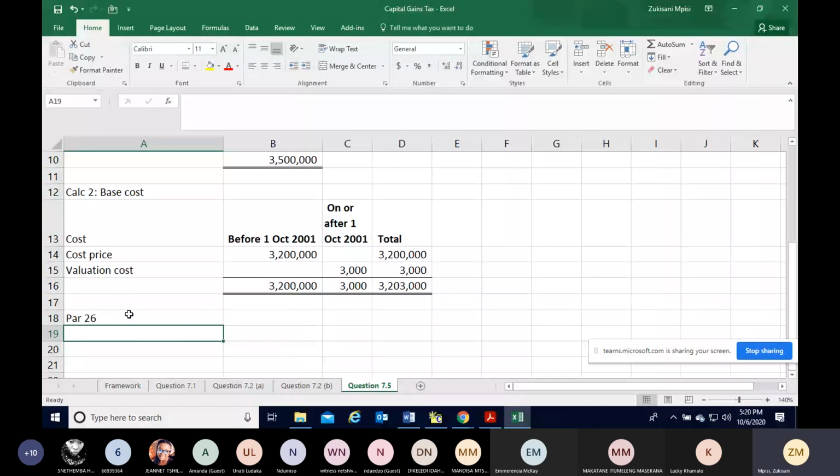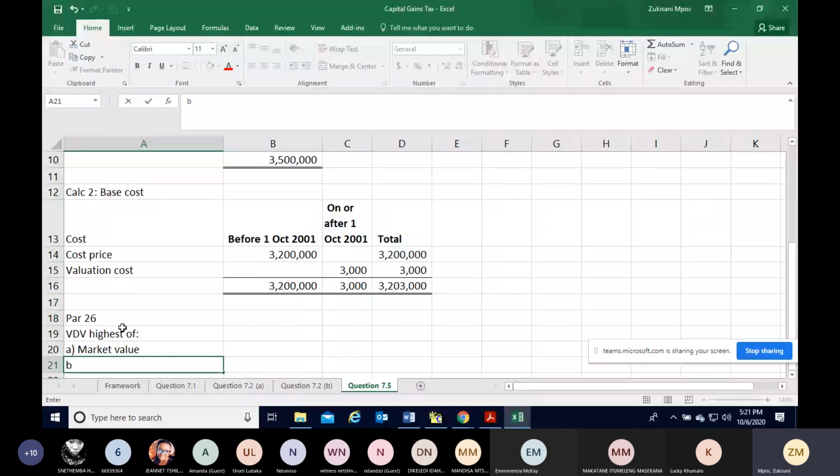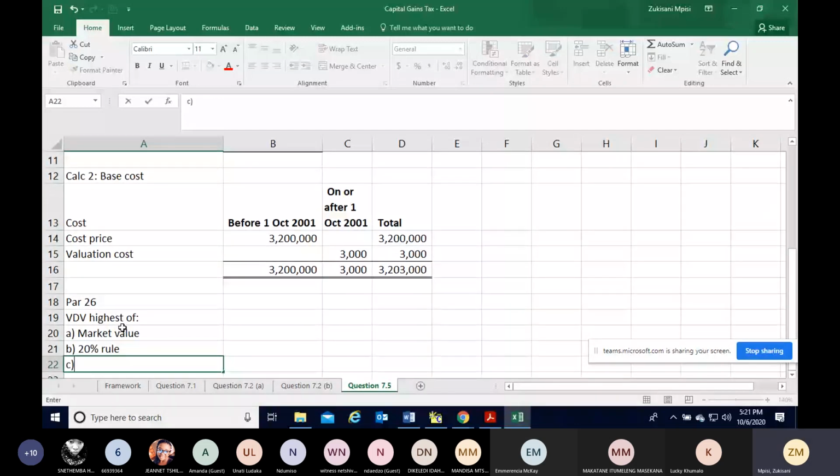In this case, if proceeds are greater than the expenditure, then the valuation date value is the highest of A, market value, B, 20% rule, and C is the time apportioned base cost.